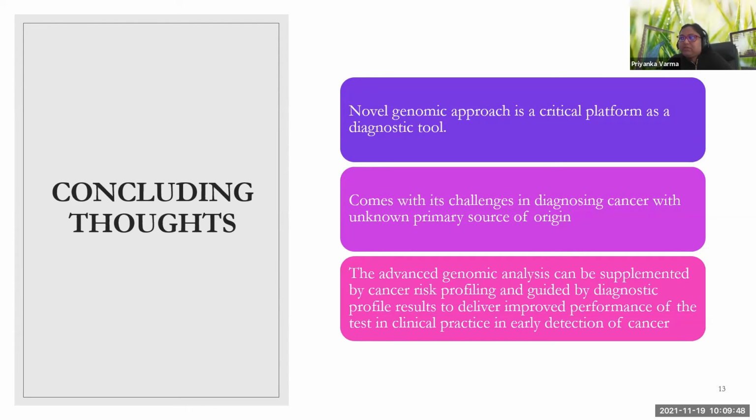But it does come with its very own challenges in diagnosing cancer with an unknown primary source of origin. But the advanced genomic analysis can be supplemented by cancer risk profiling, and can be guided by diagnostic profile results to deliver an improved performance of the test in clinical practice in early detection of cancer.